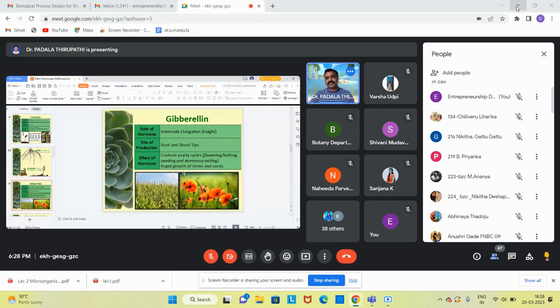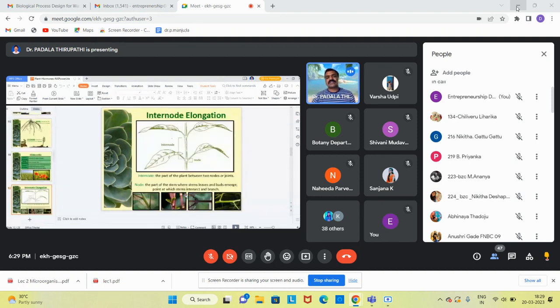Then rapid growth of the stem and seeds is also caused by gibberellins. Next, this slide shows internode elongation, which we observe in dwarf plants like cabbage and cauliflower. Whenever we apply gibberellin on cauliflower or cabbage, the internodes grow very rapidly.